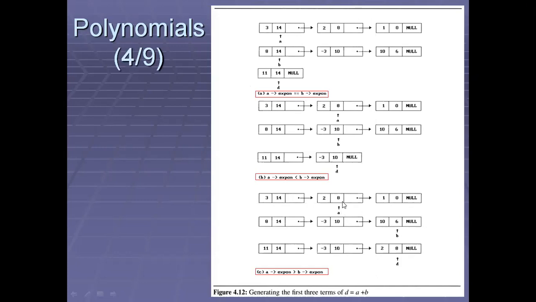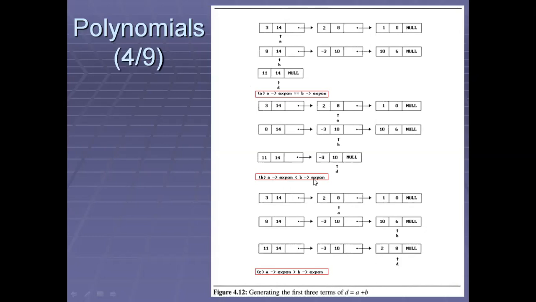Now what I will do, again compare this second term in the first linked list with the third term in the second linked list. What I will do next, see, because here you can see A's exponent is greater than B's exponent.